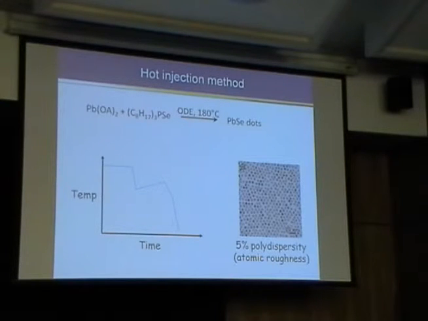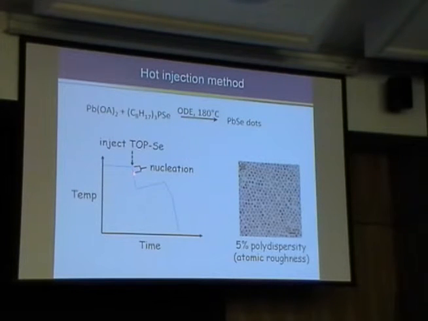Okay? So here's what the temperature versus time profile would look like for the actual experiment. We would have our solution containing only one of the precursors at some high temperature that's been stabilized. At this point, we inject, let's say, our selenium precursor into our lead, and this material is a little cooler, so immediately the temperature starts falling. The nucleation happens in a short burst in time and in temperature, in this indicated region.